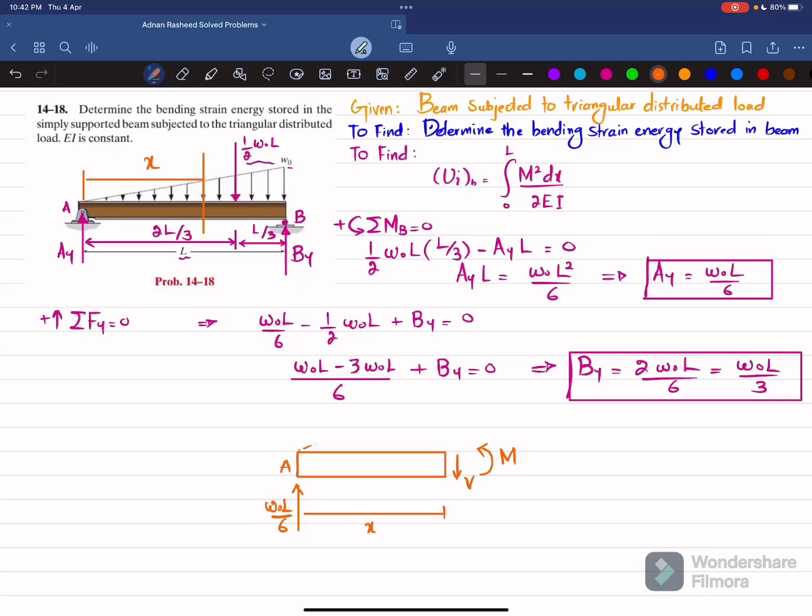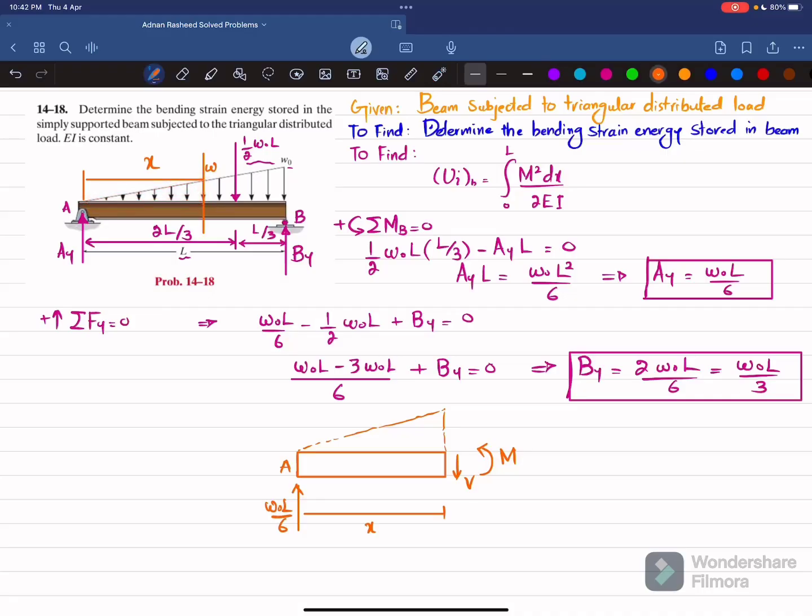And you can see you have a triangular load as well at this point. Now you can see W naught is the magnitude at this end. So what will be the magnitude at this point? Let W be the magnitude over here. Now you can see you have two similar triangles, one is this larger one, and the second one is this smaller one.